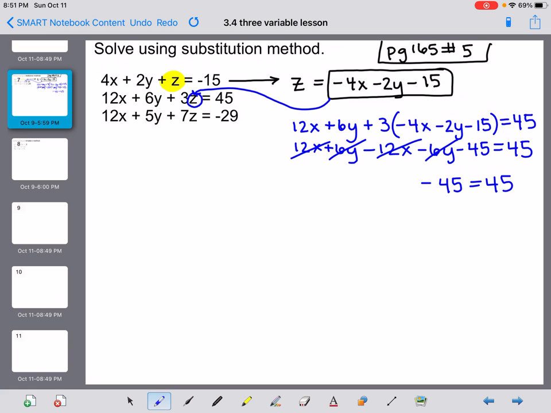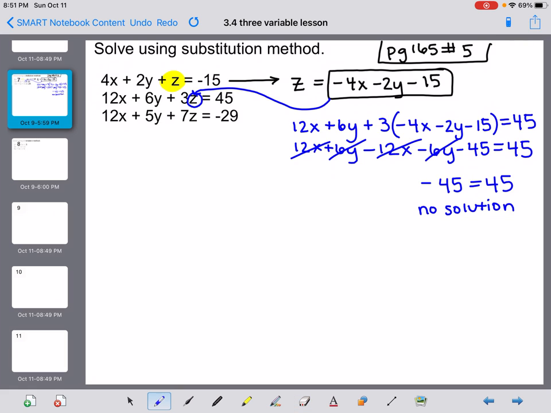So when you see this, you're going to say no solution. Because what this means is that line number 1 and line number 2 do not intersect with each other. So if 2 of the lines don't intersect, then it's not possible for all 3 of the lines to intersect.